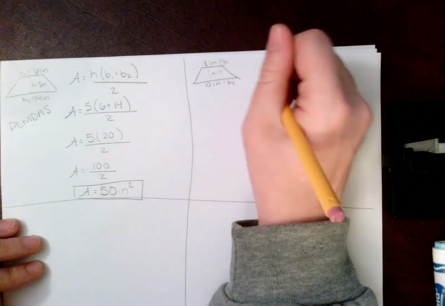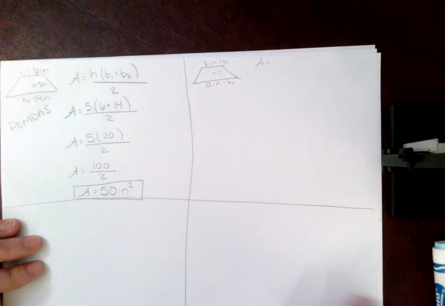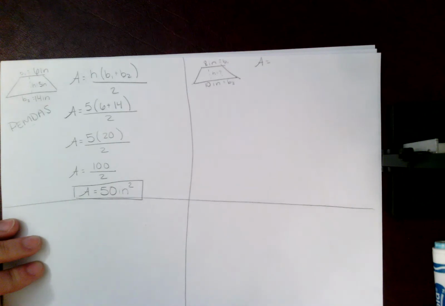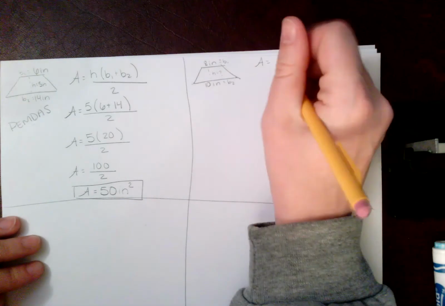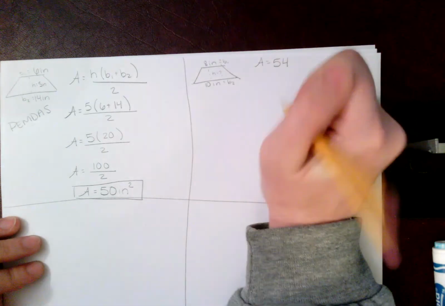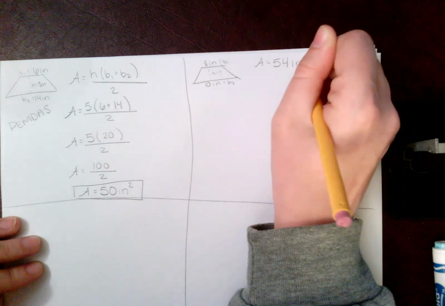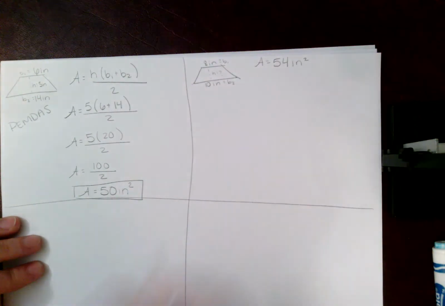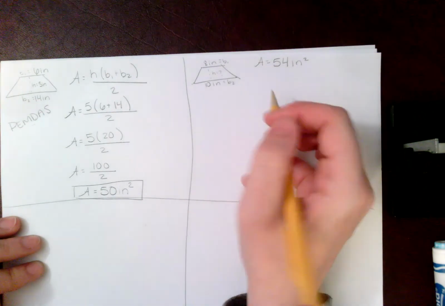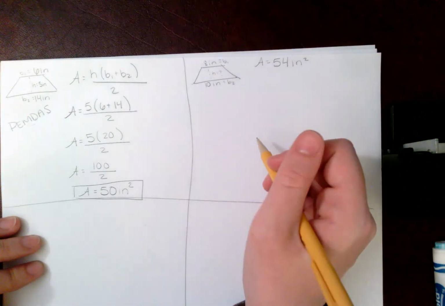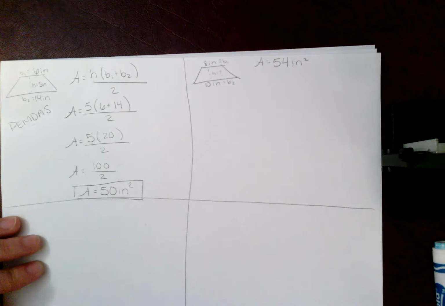But they do tell you in the directions, which is why in this unit it is so important. It's always important to read directions, but especially in this unit because there's a lot of information that will be given to you. They will tell you that the area is 54 inches squared. Okay, so now this is all the information for this example you'll be given.